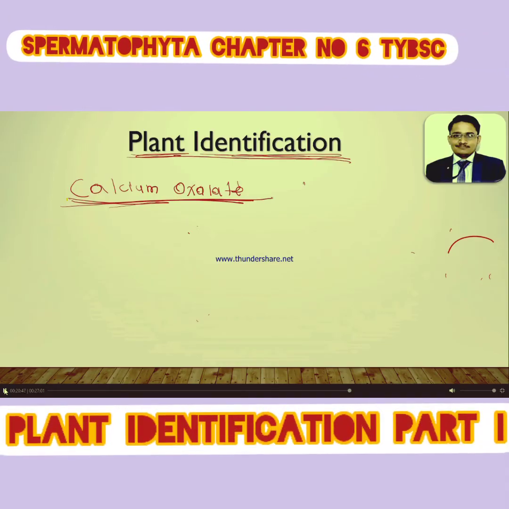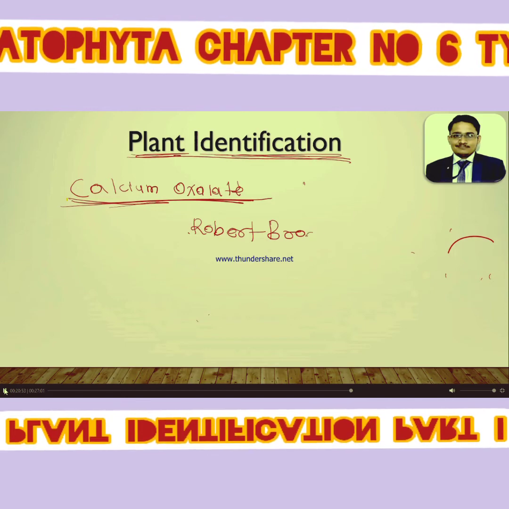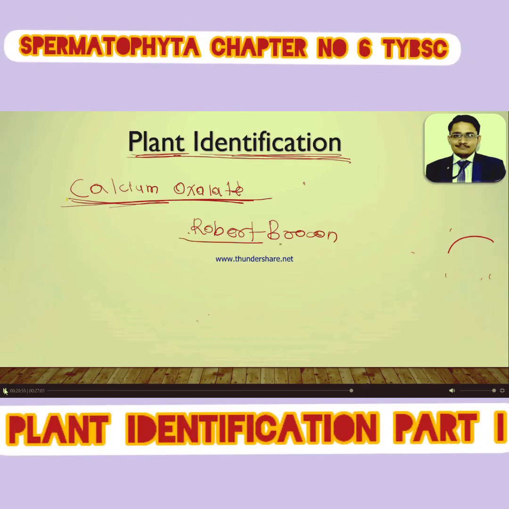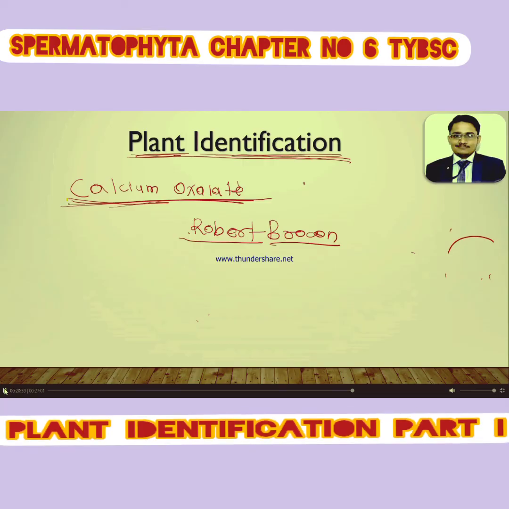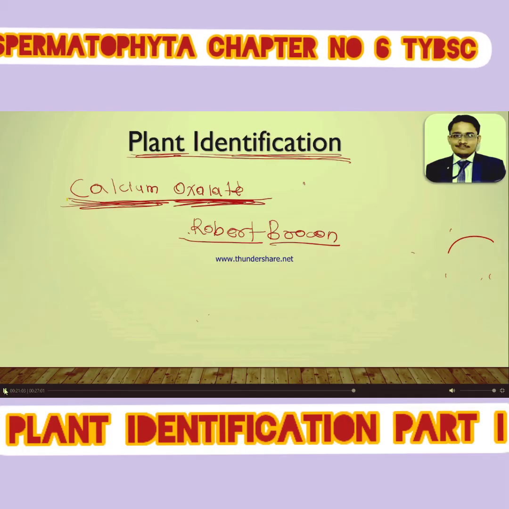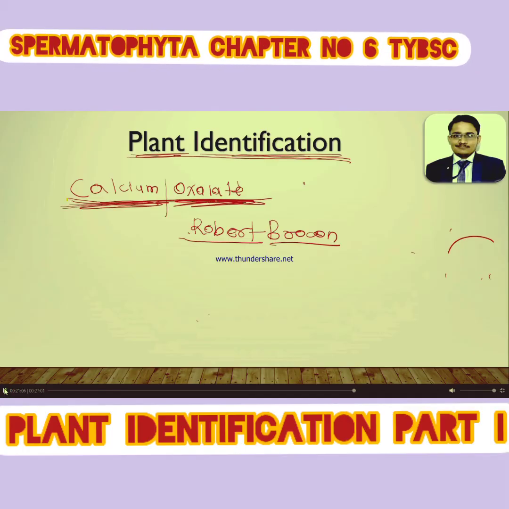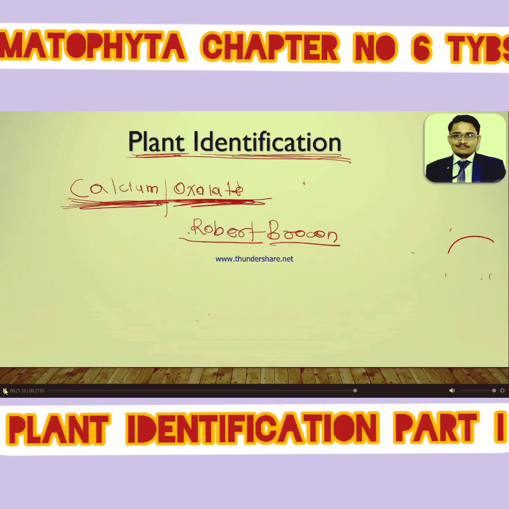Robert Brown, name of a scientist. They can study the character of anatomy and biochemistry and observe that calcium oxalate crystals are found only in specific families.